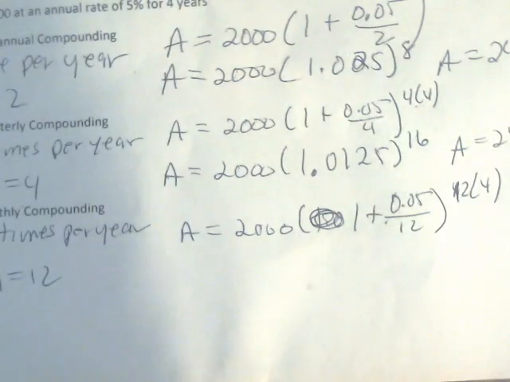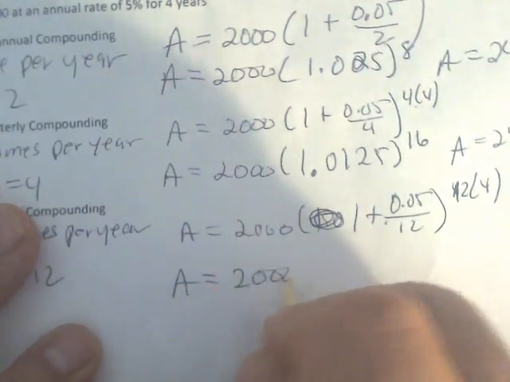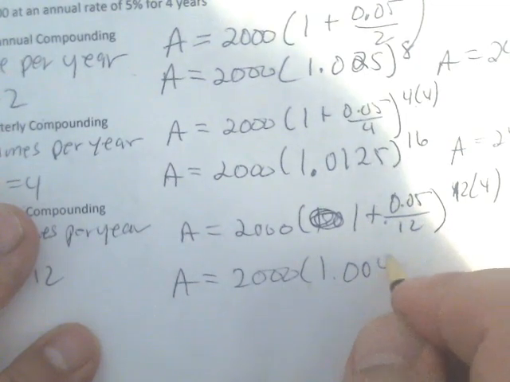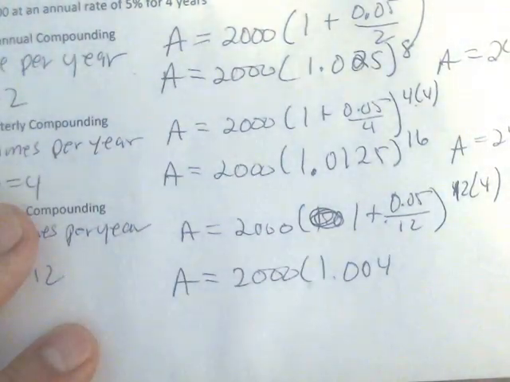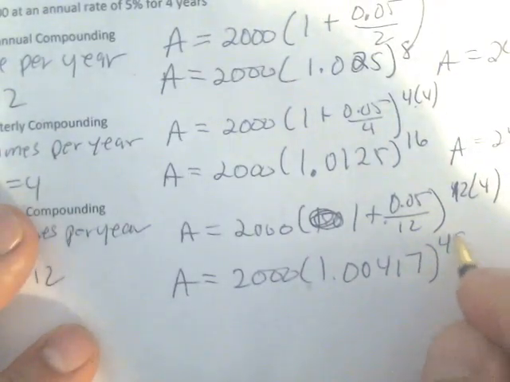So 0.05 divided by 12 plus 1. So this one kind of starts getting a little bit smaller of a decimal each time. 1.0041. I'm going to go ahead and make it 417 to the 48th power.